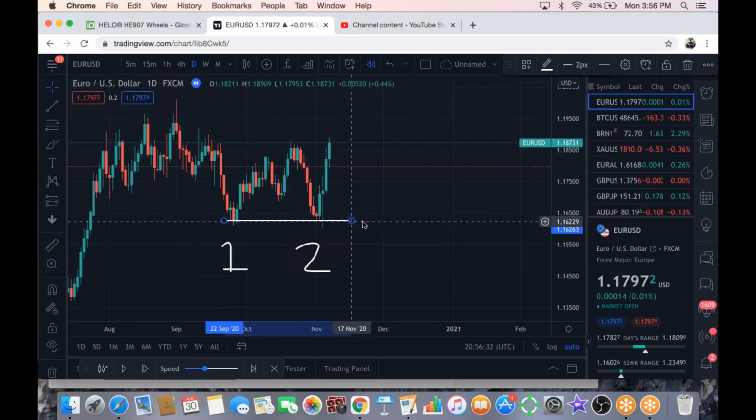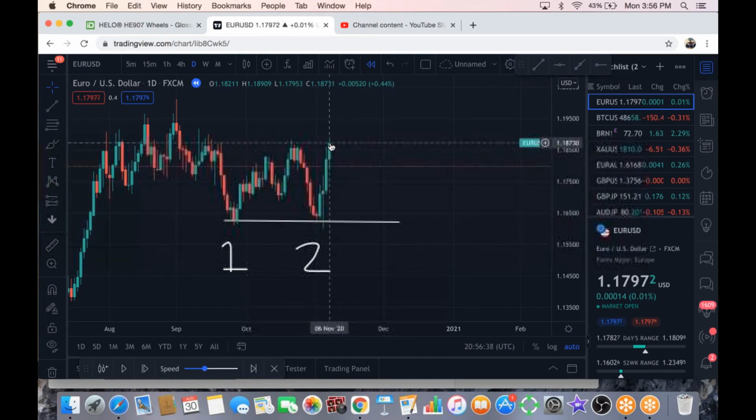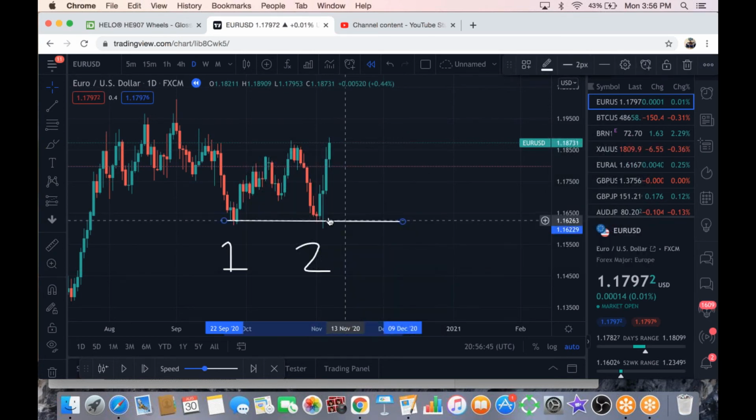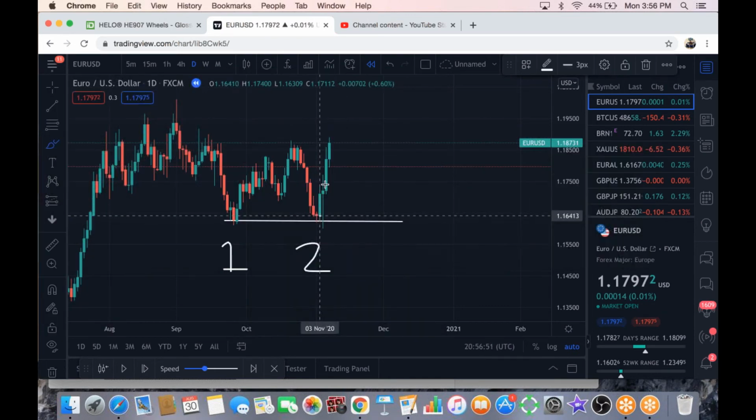Now, what you want to happen at any point in time is that this market comes from right here over to here, in this point right here. This area right here in this time frame, when I say any point in time, let me specify.